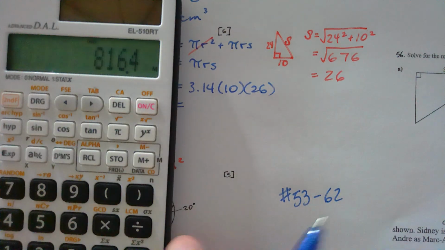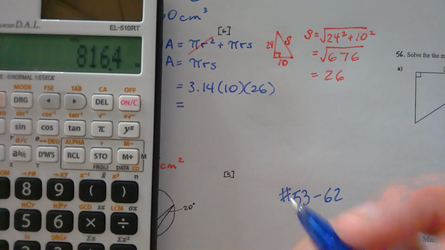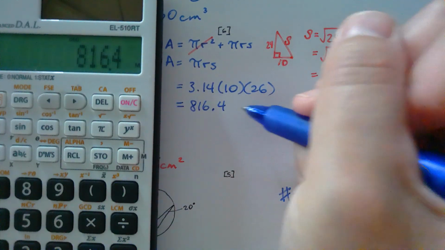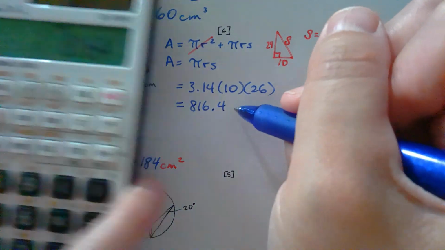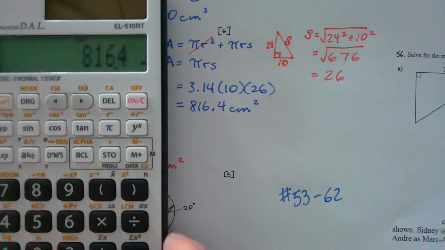If I say round to the nearest tenth, what would your final answer be? 816.4 centimeters square. If I say round to the nearest whole, 816.